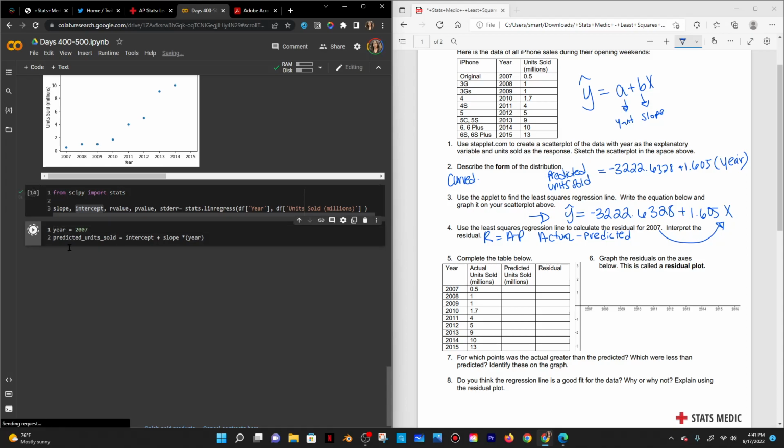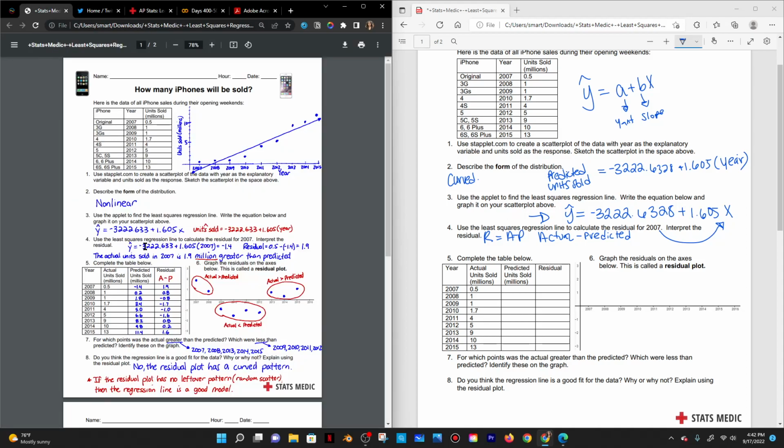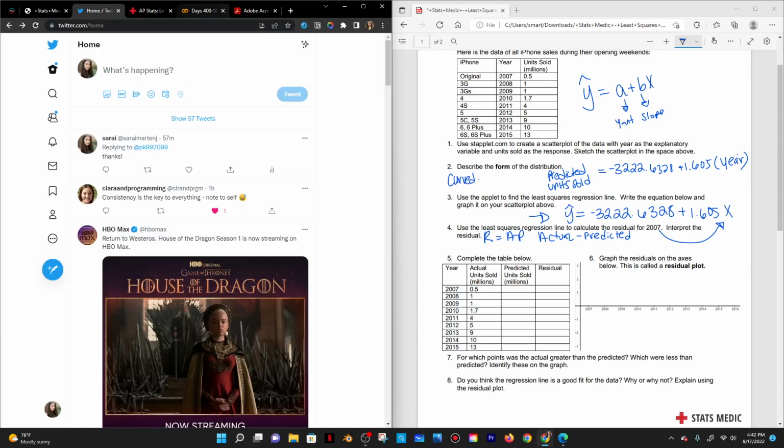If I run this and then output the answer, I'll get the predicted units sold for 2007, which doesn't really make sense because it's negative 1.3 whatever. Is this even right? Let me check my answer. Yeah, it is negative.